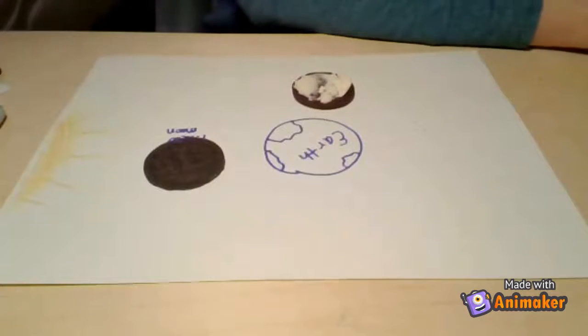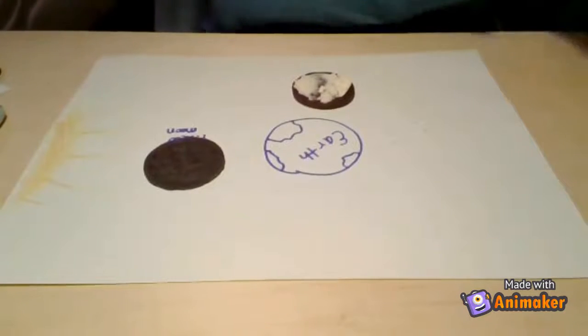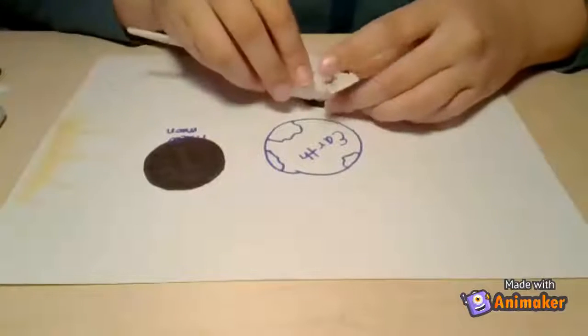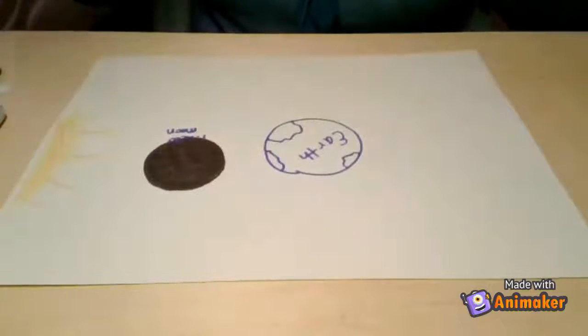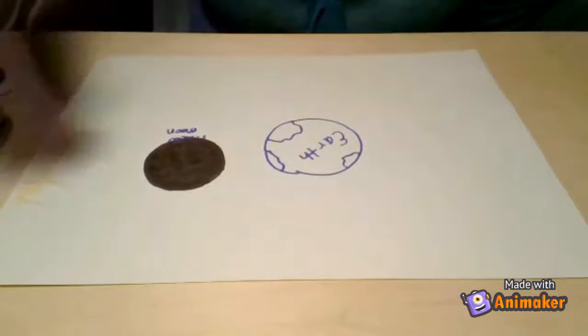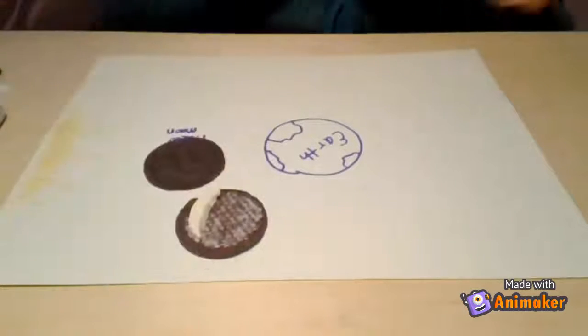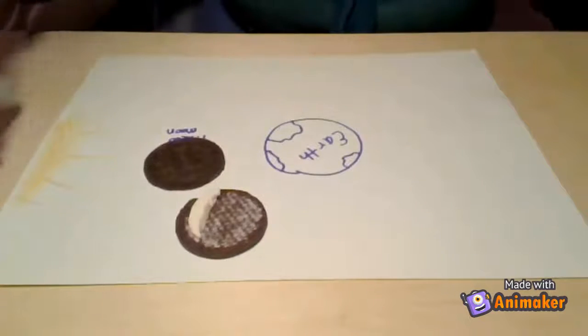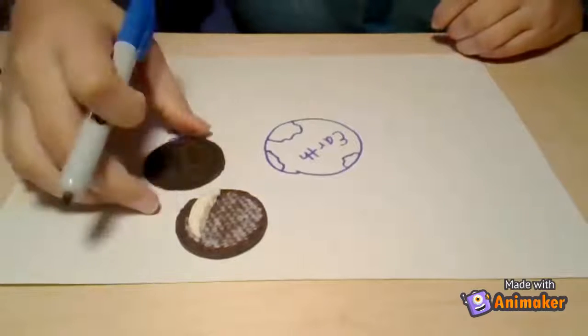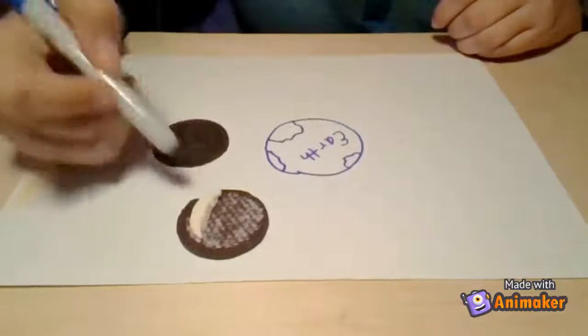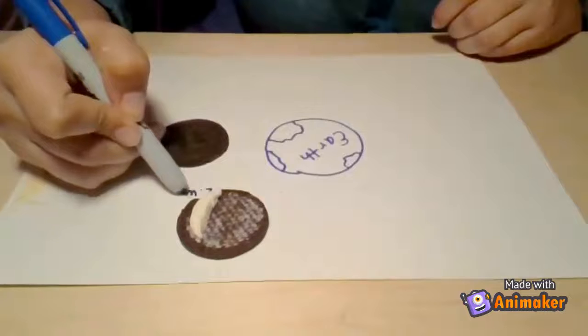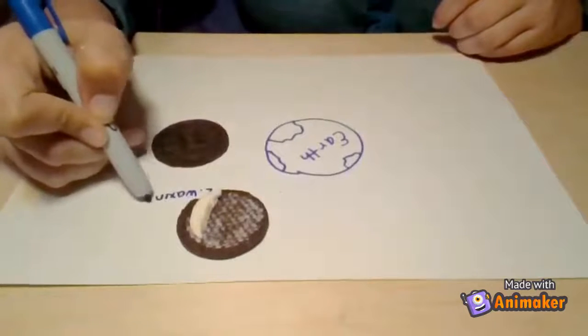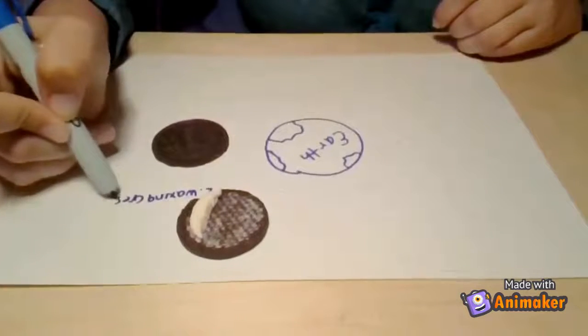I don't care for icing, so I'm not going to eat it, but I will eat the cookie. And then just scrape, scrape, scrape. And you should be left with a waxing crescent. Don't forget that you must identify your phase. It says a waxing crescent.